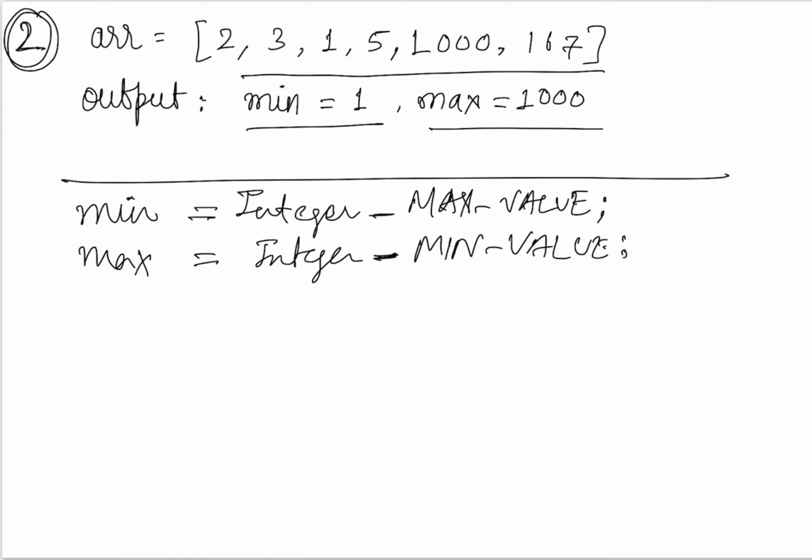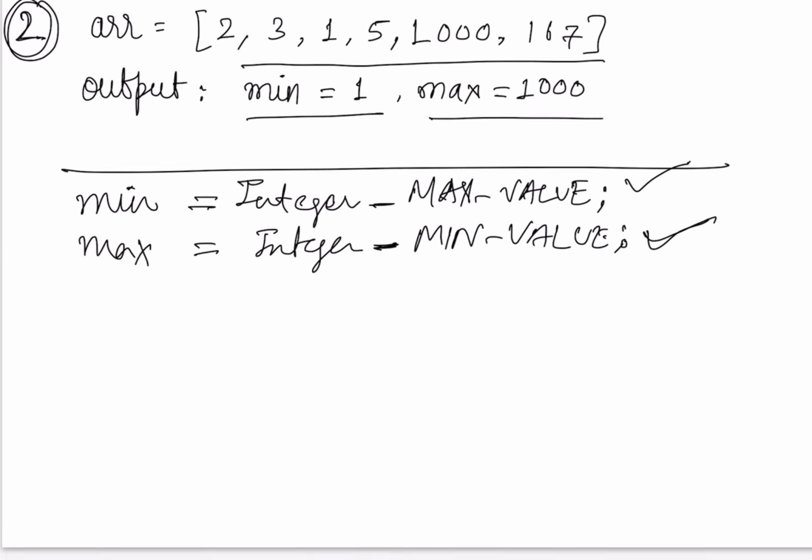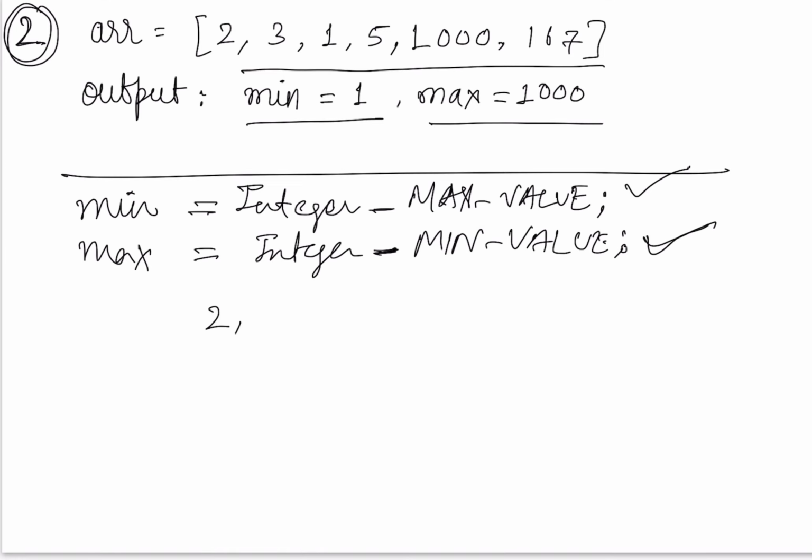So whatever value occurs in this array will always be less than this, so we can update this minimum, and whatever value we have in the array will always be greater than this, so we can update this maximum value. Now let's iterate through this particular array. Let's take this array here: 2, 3, 1, 5, 1000 and 167.